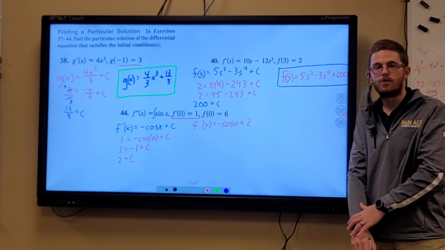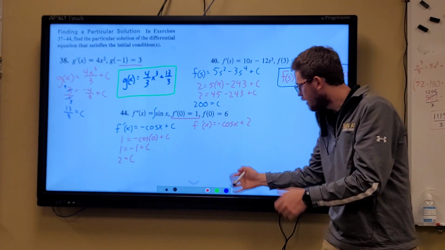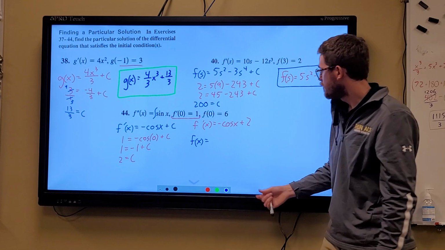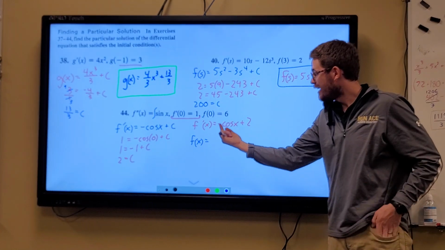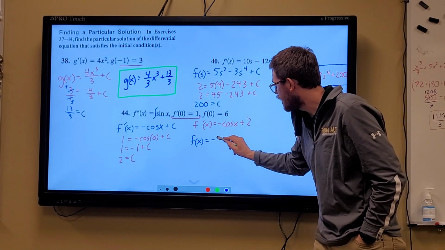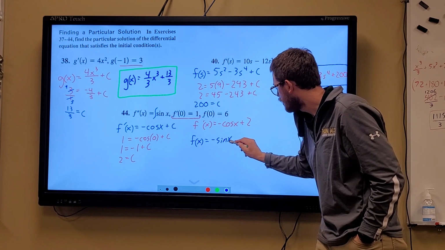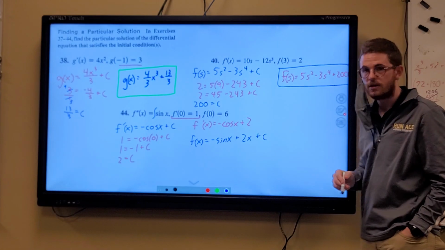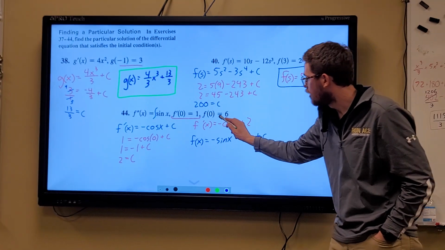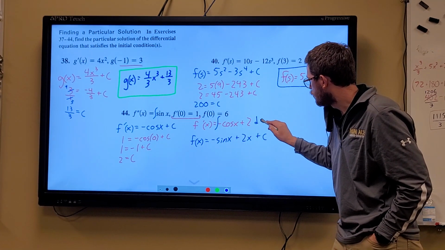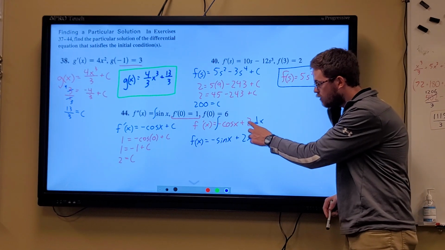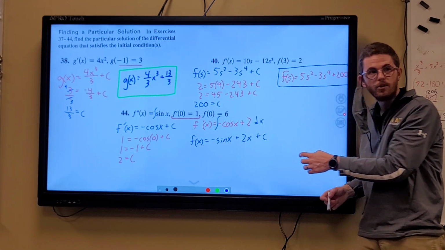And I basically need to do all that one more time. I need to integrate again, getting f of x. When I integrate a negative cosine, it's going to give me a negative sine of x plus 2x plus c. So again, think we are integrating with respect to x. And if you're integrating a constant, we get that constant times the variable.